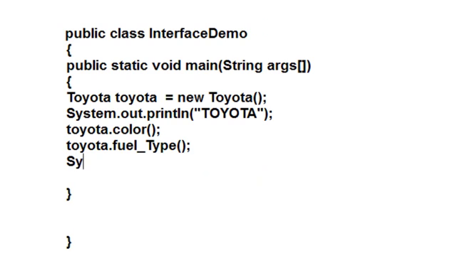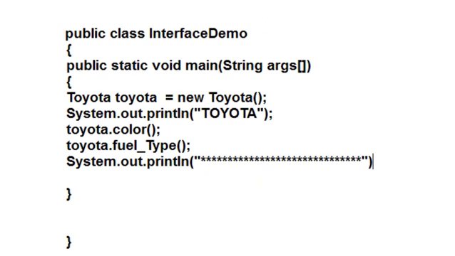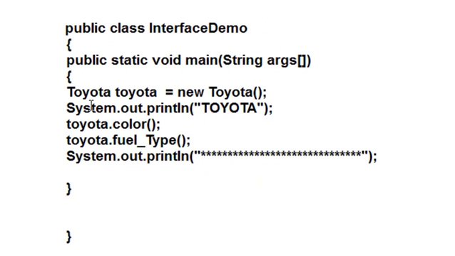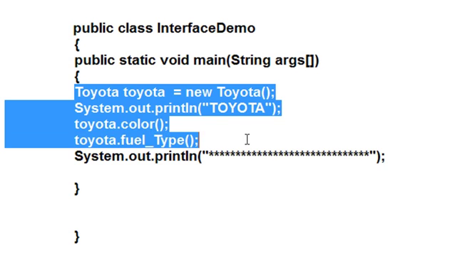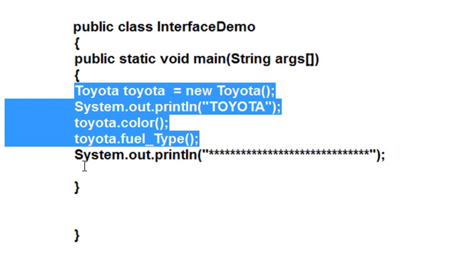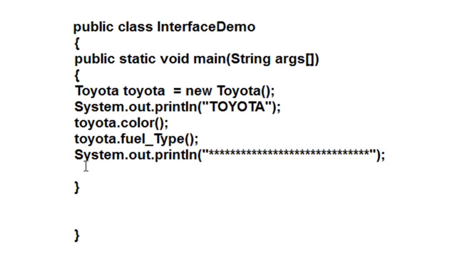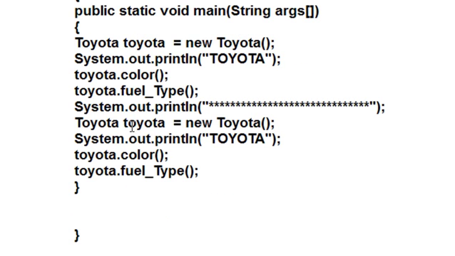Now just print another statement here for identifying those two classes. Now I'm going to create an object of data also and call its methods. The methods present in that class also.